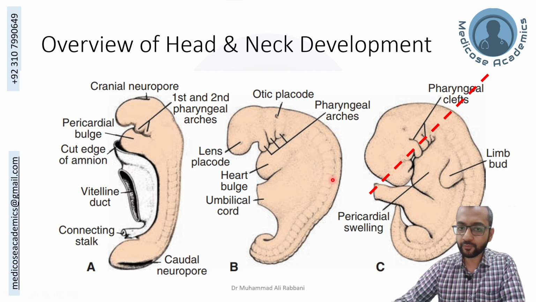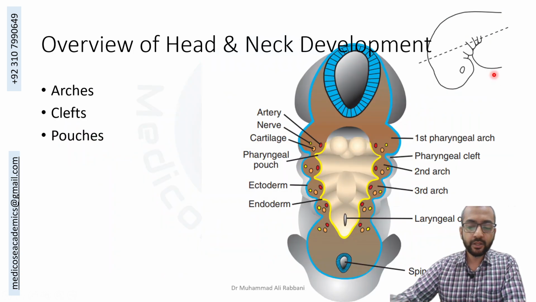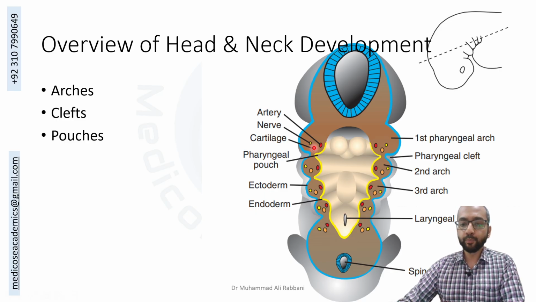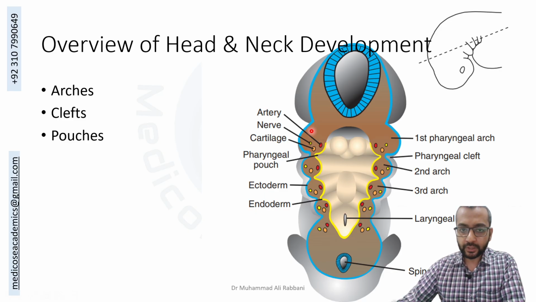If we cut along this line and see from the front, you will see arches 1, 2, 3, 4 and 6. These are the raised parts. Each arch will have its own artery, its own nerve and the cartilage part that will give rise to certain bones. In head and neck, we study what structures are formed by each of these skeletal components, not going into the detail here.